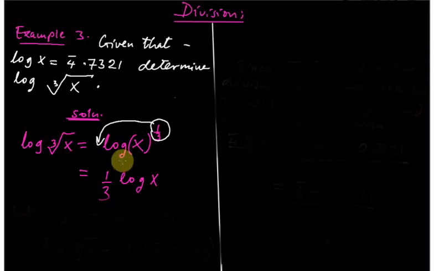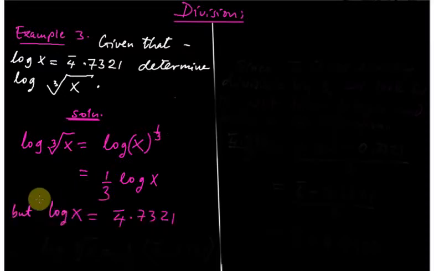So what next? The logarithm of x is given. Log x is given as bar 4.7321. It was given initially.